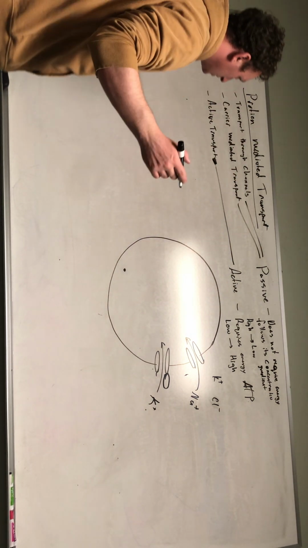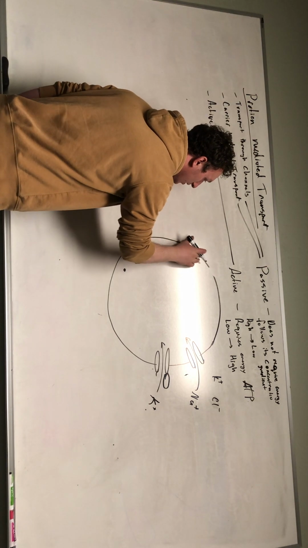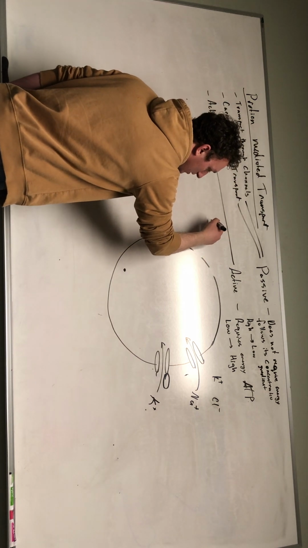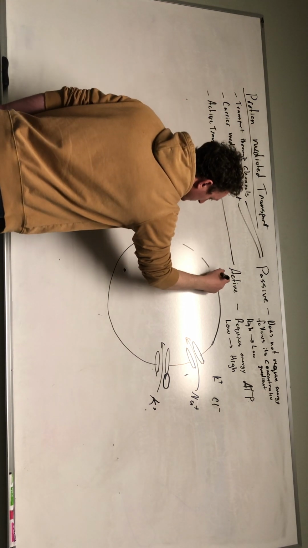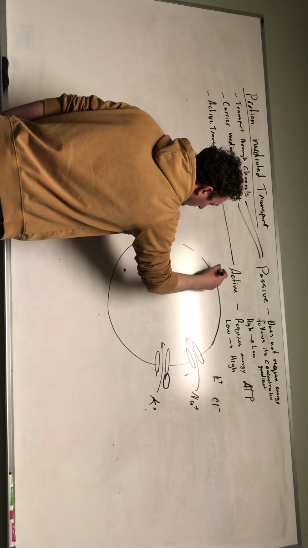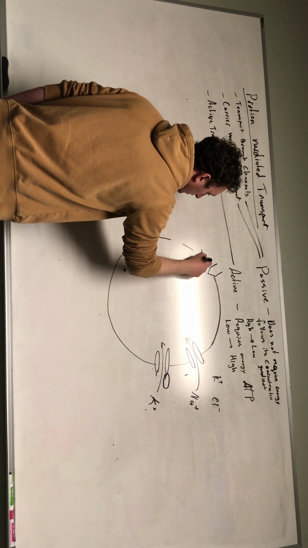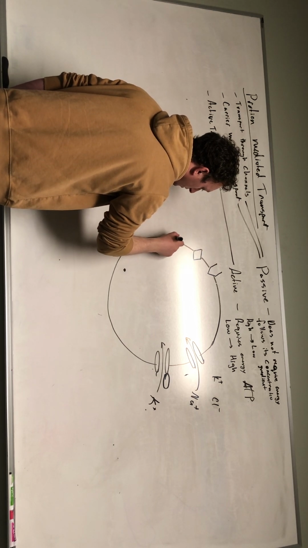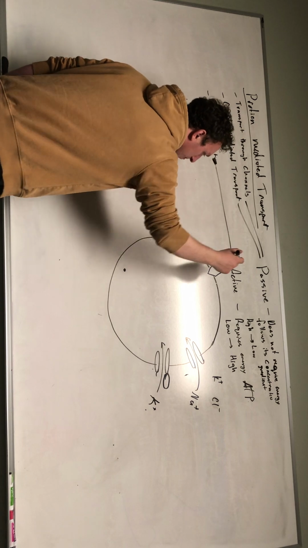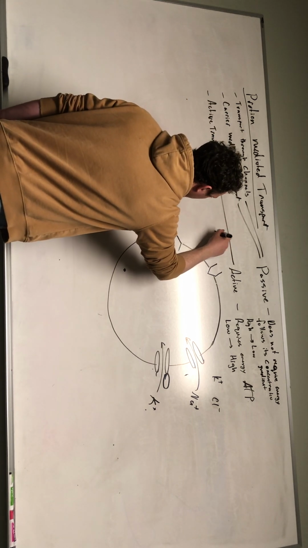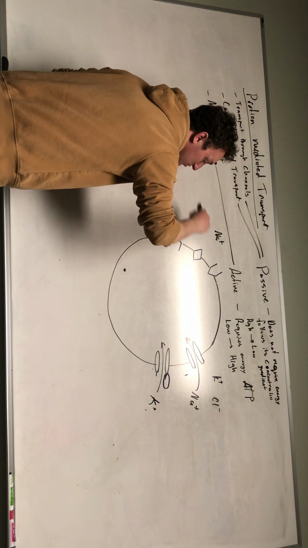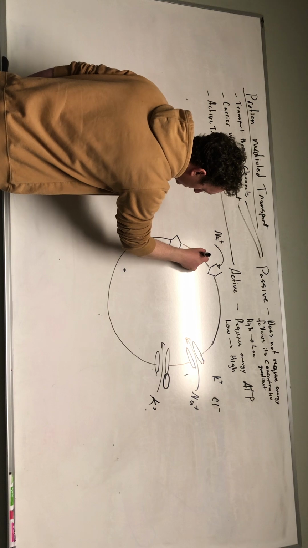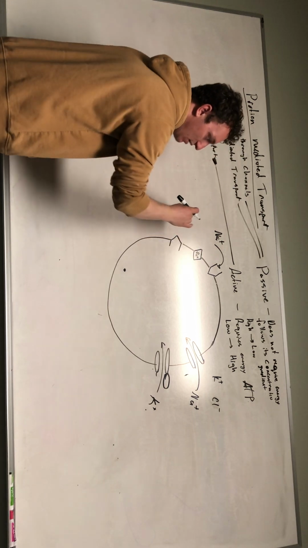And then you have carrier-mediated transport. Let me draw this out real quick. If we take sodium again, it's specific to sodium, and when sodium binds to it, it will actually change shape and close off to the outside of the cell.